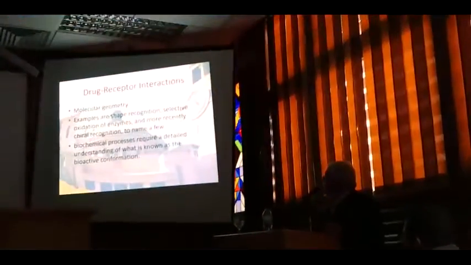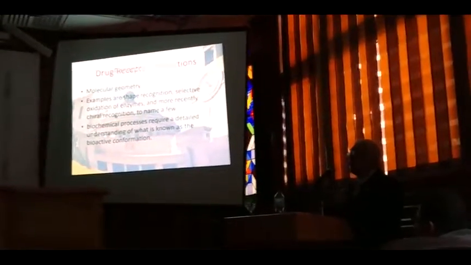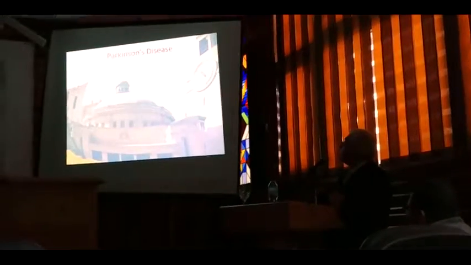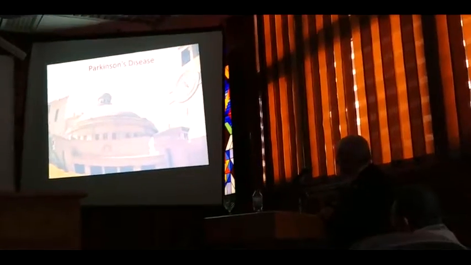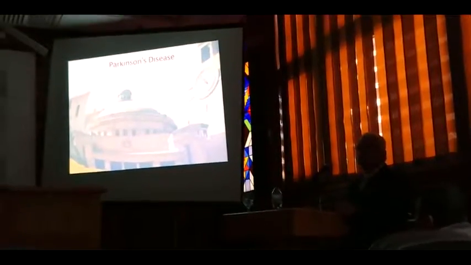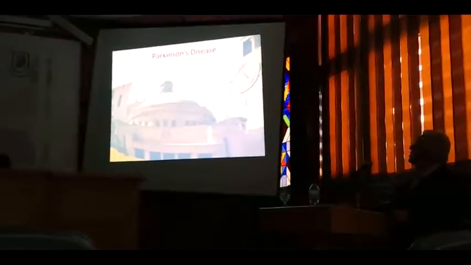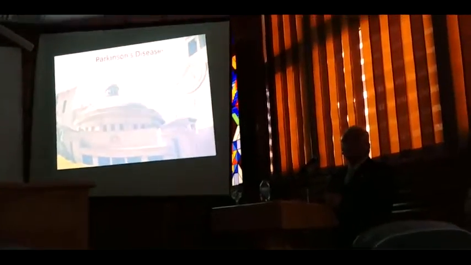So the first thing is when you treat. Now, molecular geometry is very important, bioactive conformation. We will talk about this disease, Parkinson's disease. This is a neurodegenerative disease that results from the loss or decrease of dopamine level in the brain.